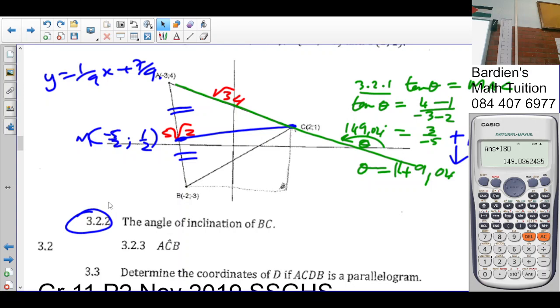So what I'm going to do is I'm going to take this off here, this calculation.